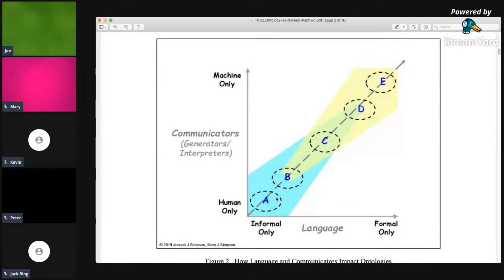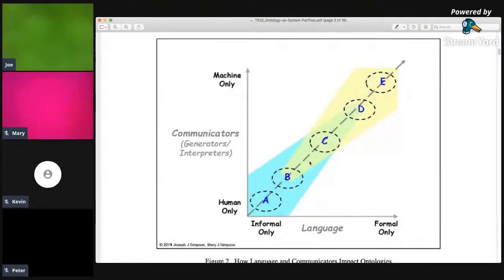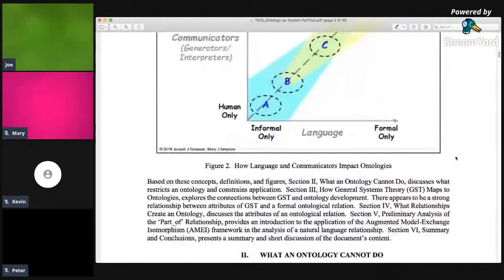But usually everyone has an informal ontology. We all understand that some of the same things exist. So I think the argument that there is never an ontology is weak. I'd say that the idea that there's never a formal ontology is pretty strong. But that's the idea of defining these interaction spaces, and then talking about what the characteristics are in these interaction spaces. So that's how language and communicators impact them.